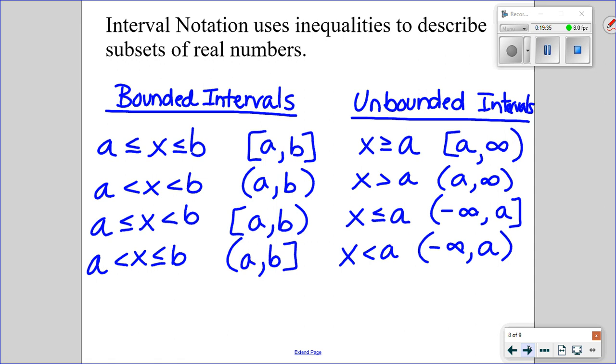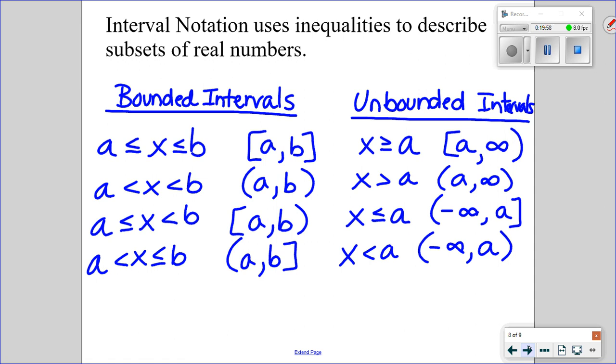So you can think of interval notation as just another way to write an inequality. So we have 2 different types of intervals. We have bounded and unbounded. Bounded intervals just means that you have 2 endpoints. So a and b are the endpoints, where an unbounded interval only has 1 endpoint.